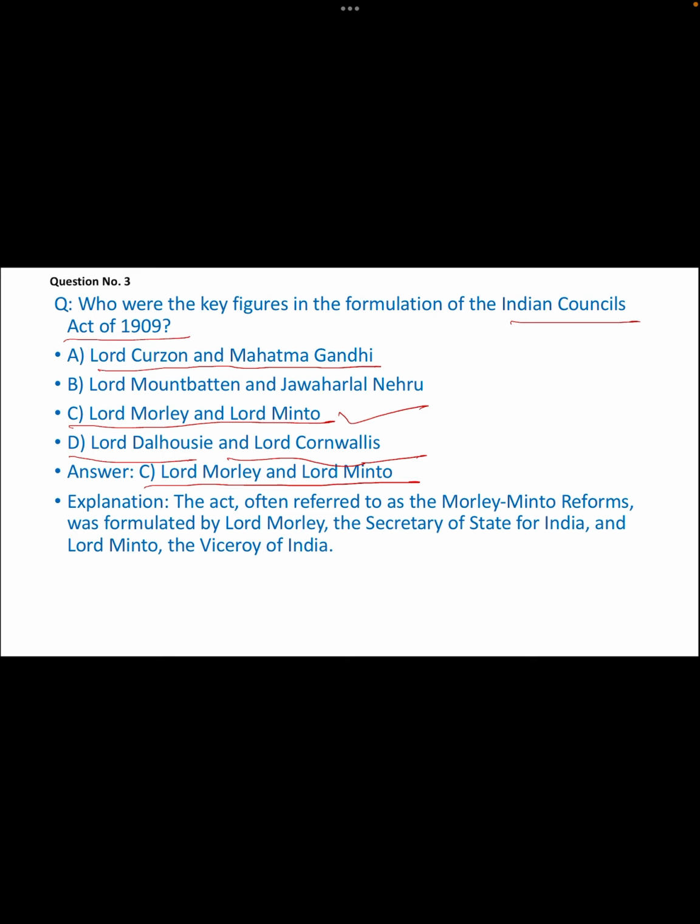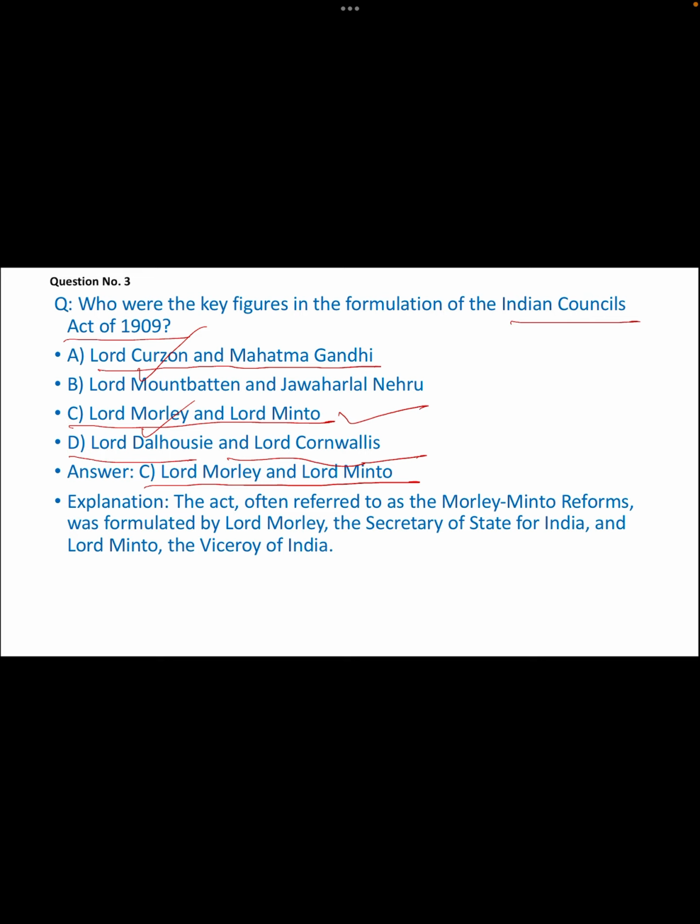Lord Curzon is known for the partition of Bengal, which became very controversial. The second person is Lord Morley. Lord Morley was the Secretary of State for India, and he allowed supplementary questions to members of the Executive Council.